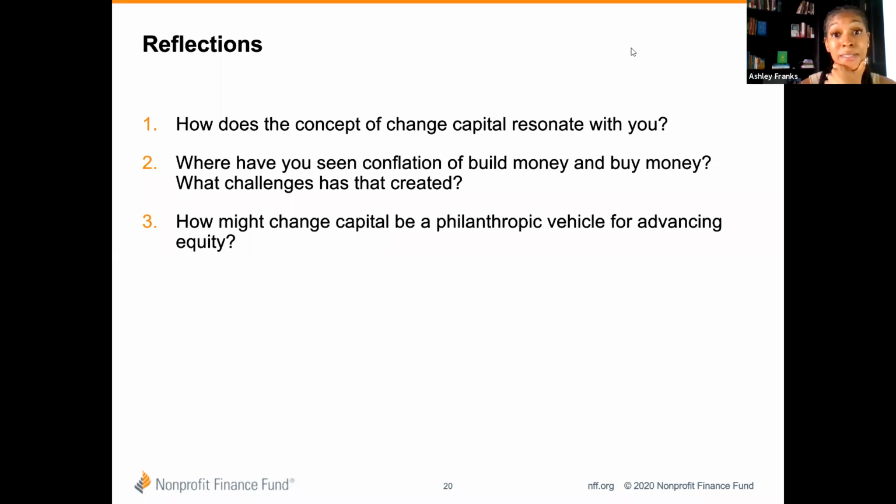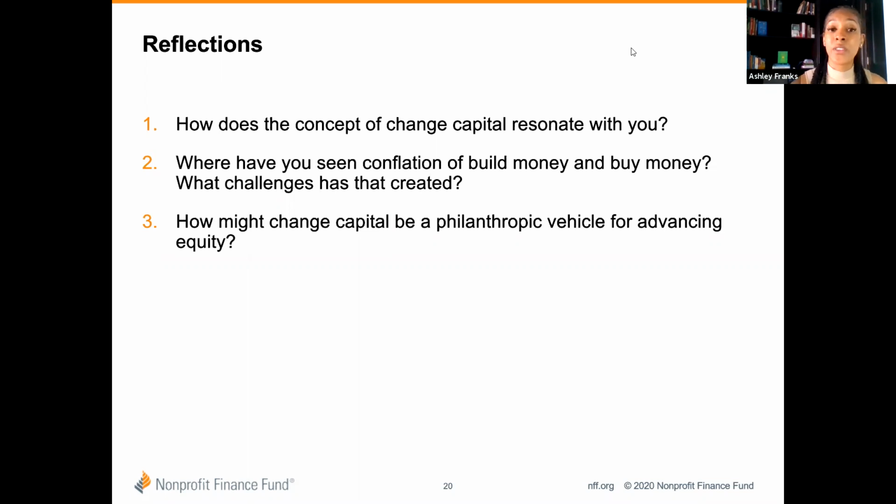Change capital is complex, certainly, but also so transformative. I have a client who is currently applying for change capital. They recognize that their current revenue streams weren't necessarily the most conducive to their mission impact. They realize foundation funding is not the most reliable for their organization. It's too restrictive.